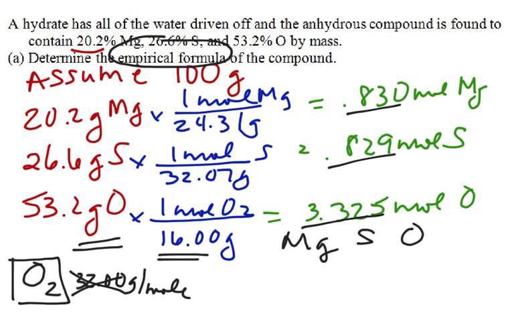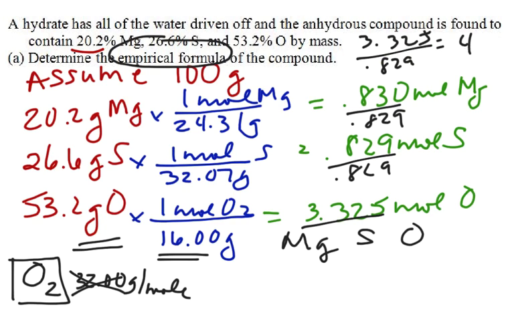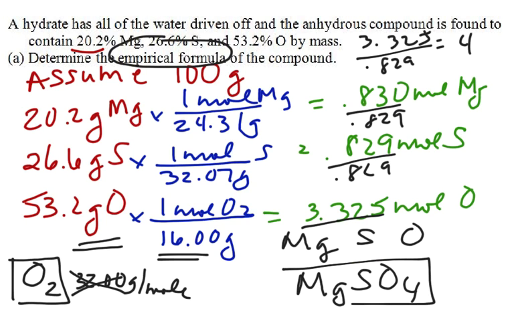So we can see that this will turn into 1, this one will turn into 1, and if I say 3.325 divided by 0.829, that comes out to be really close to 4. So my formula then is MgSO4. And that's the first part of the problem: determine the empirical formula of the compound.